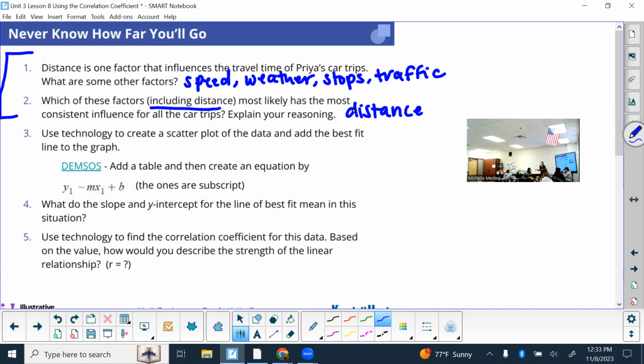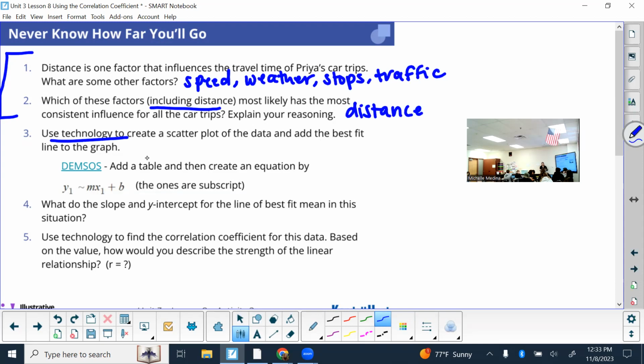So that's why if I were to show you this scatter plot, you might not see a perfectly straight line, because we have all these other factors that might make it take longer or slower. So what you're going to do now is use technology to create a scatter plot of the data and add the line of best fit to the graph.